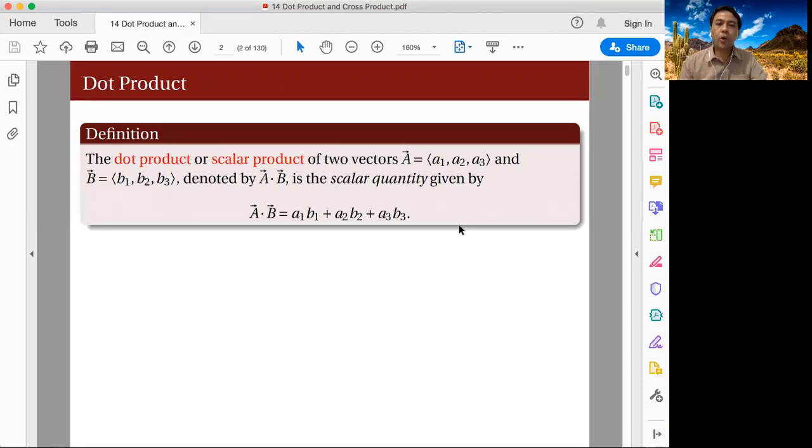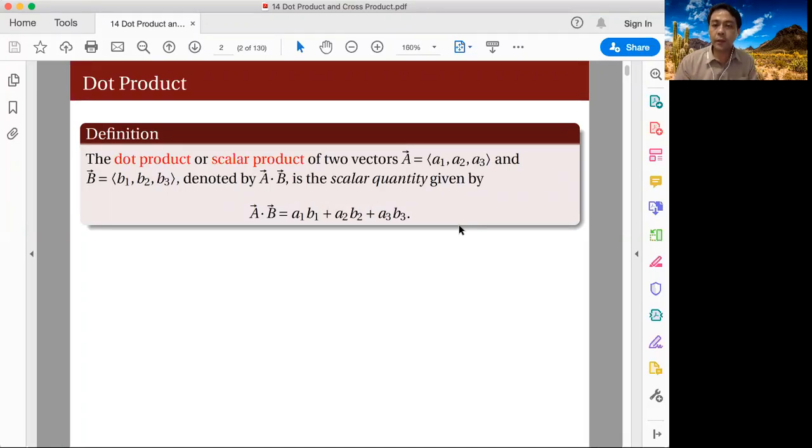The dot product, or sometimes we call it the scalar product, of two vectors A with components A sub 1, A sub 2, and A sub 3, and vector B with components B sub 1, B sub 2, and B sub 3 is denoted by A dot B. So we read it as A dot B. And this is the scalar quantity given by the sum of the product of corresponding components.